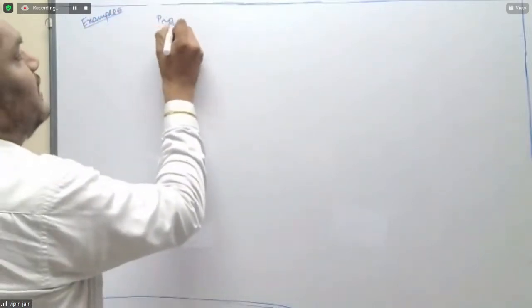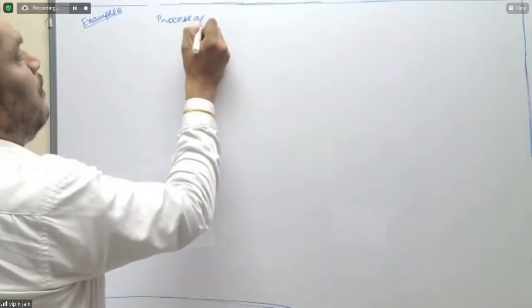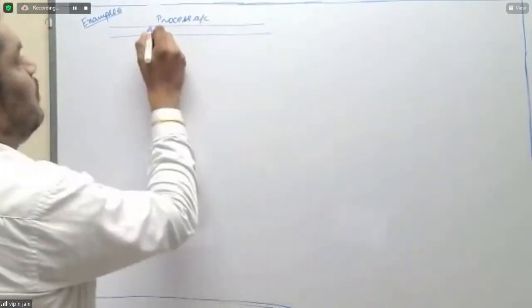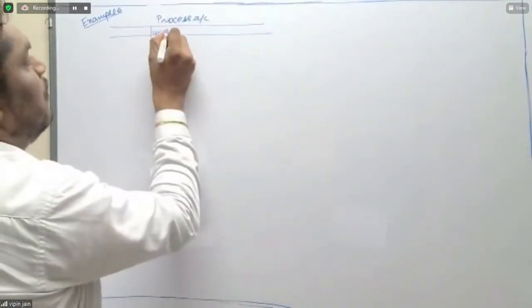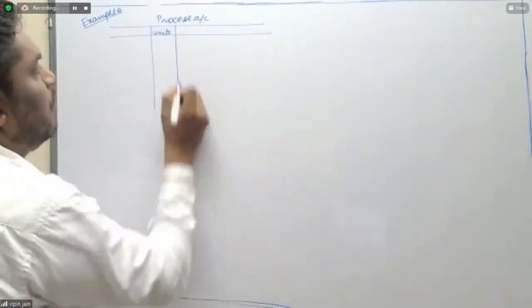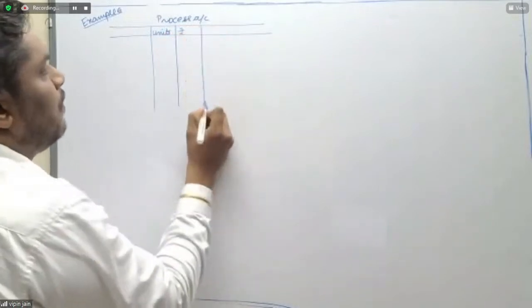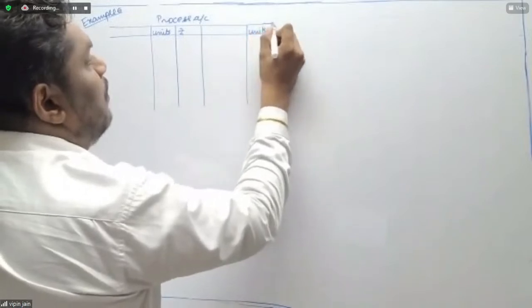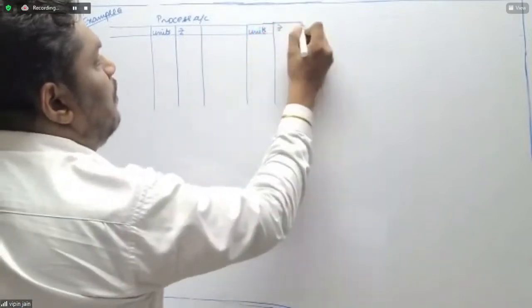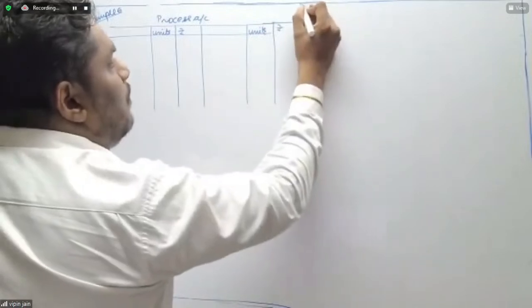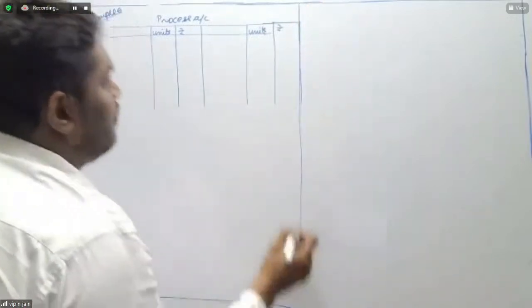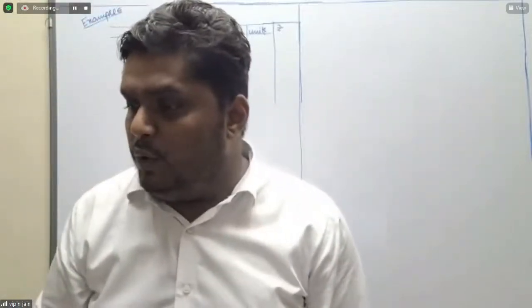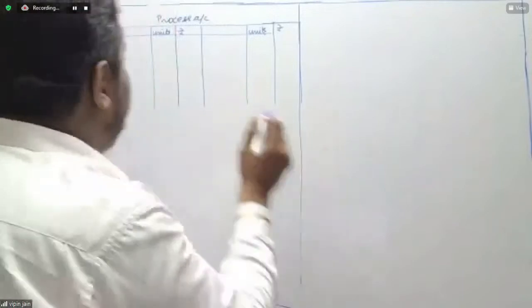Let's prepare process account. Two, opening work in progress we will write, that is 2,000 units.